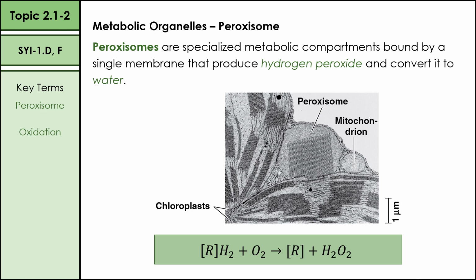Peroxisomes tend to be forgotten, I think, in terms of metabolic organelles. And of course, there are other organelles that we are not even touching on in this foray into cell structure. A lot of different organisms may have specialized organelles, but we are hitting the ones that most cells have.